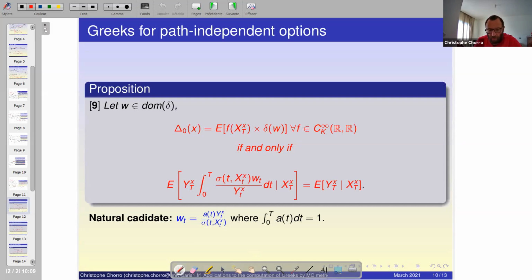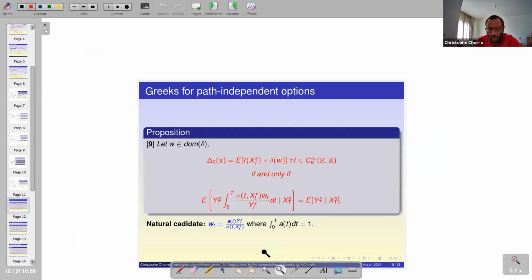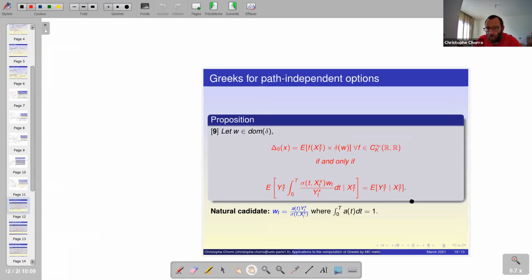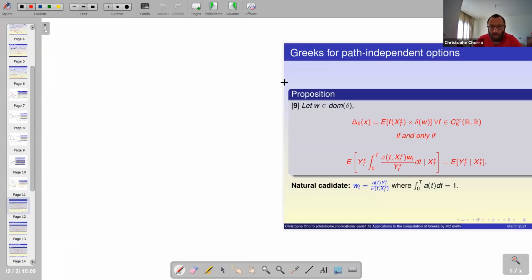The idea here is the following. I have a necessary and sufficient condition. Keep in mind that I am in the case where my contingent claim has this form, where I am interested in the delta.